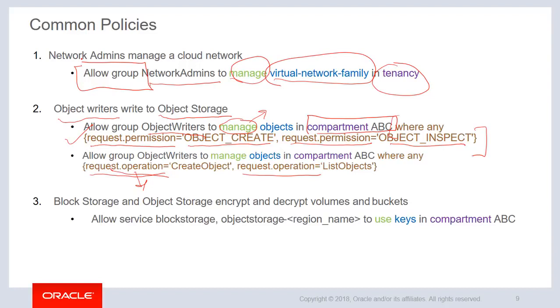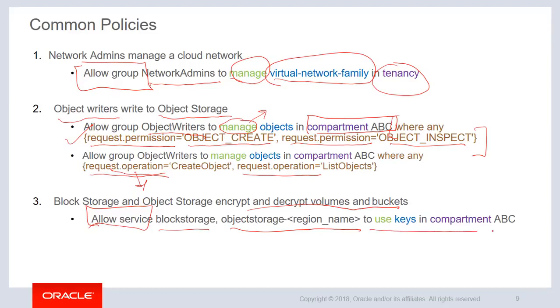There is one exception where we say allow service, so it's no more a group here, but you are allowing a service to access another service, for example. In this case, block storage and object storage want to encrypt and decrypt volumes and buckets. So they have to use a service which is called key management, and they have to use objects called keys and vaults.